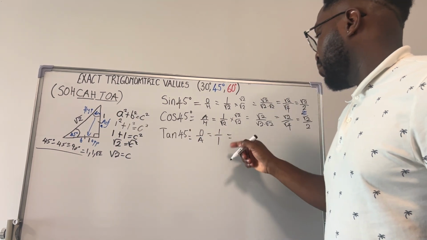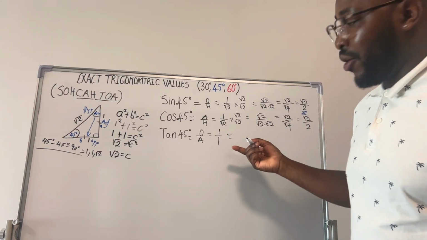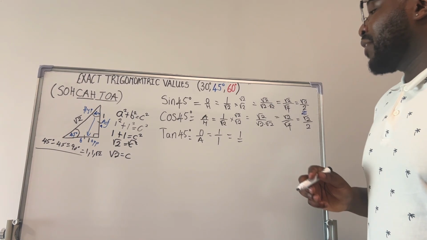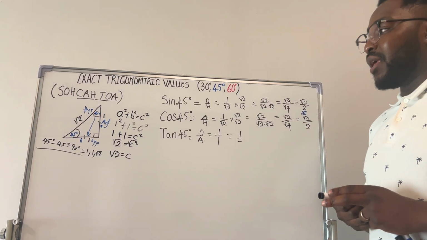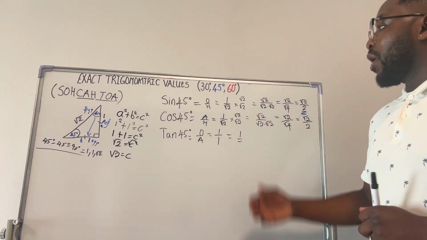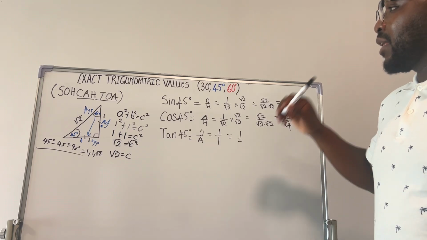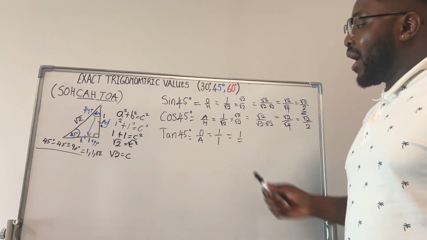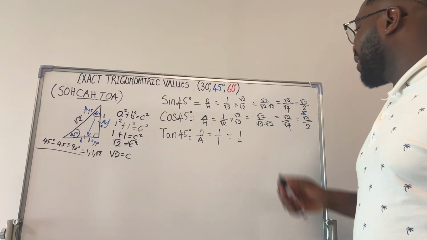This is an easy calculation, because 1 divided by 1 is 1. So the exact value of tan 45 is 1. This is how we find the exact values of sine 45, cos 45, and tan 45.